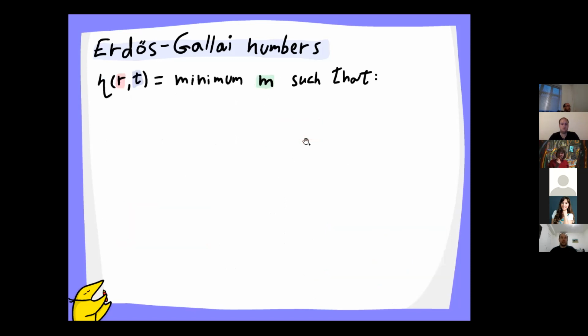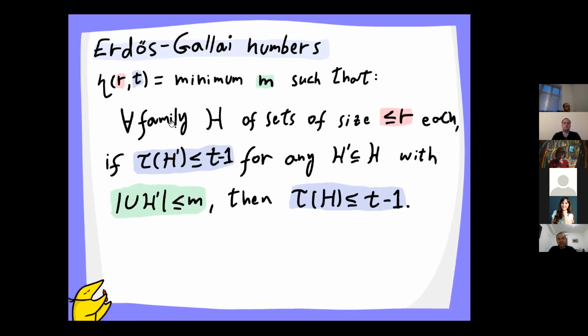Erdős and Gallai asked the following question about the covering numbers. Given integers r and t, they wanted to find the minimum m such that the following property holds. For any family H of sets, each one of them of size at most r, if any subfamily of H consisting of at most m sets has covering number at most t minus 1, then H itself also has covering number at most t minus 1.